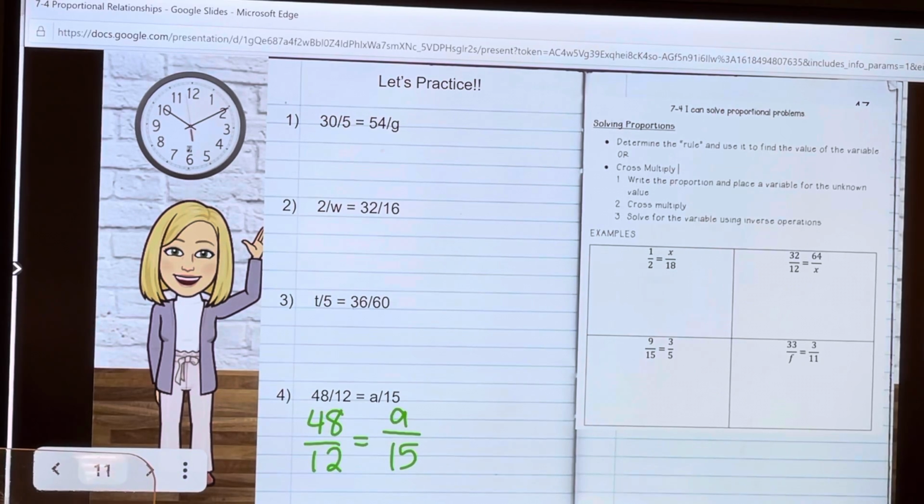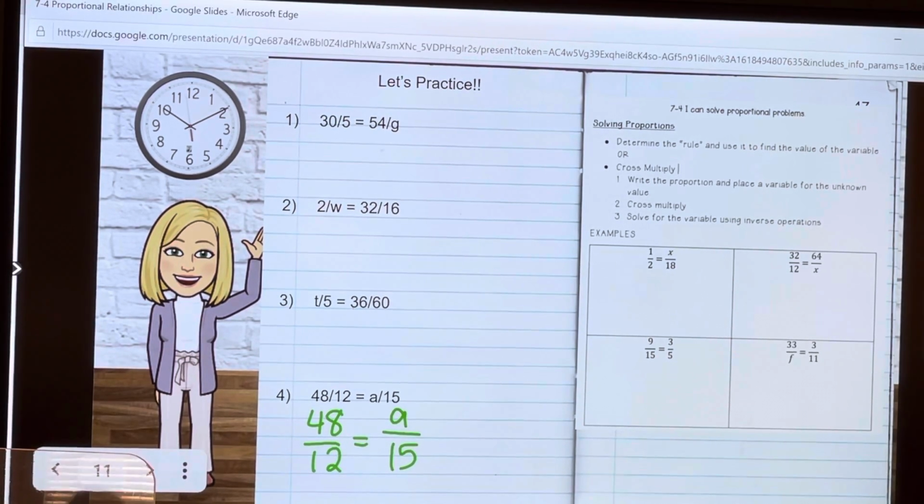Alright, can you figure out the relationship between 12 and 15? Can you reduce this to a basic ratio? What can you divide both of those by? Can you divide 48 by 12?